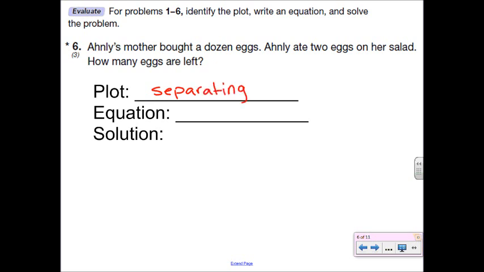And when we do a separating problem, we have what we started with, 1 dozen, minus what we took away, the 2 that Anli ate, and then that equals what's left. And we're not sure what's left yet.